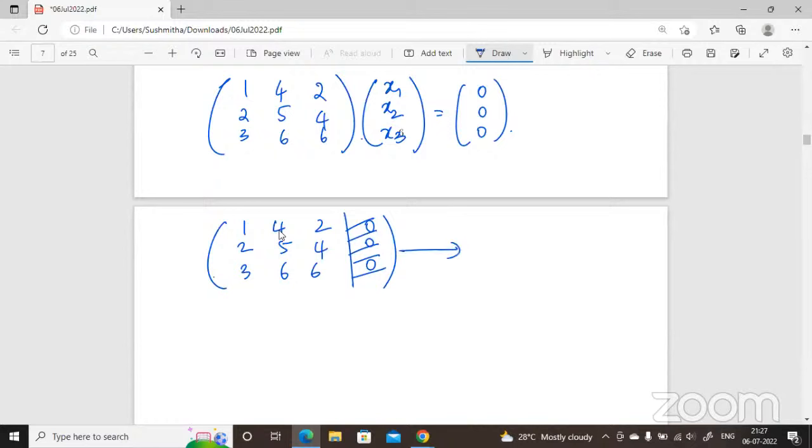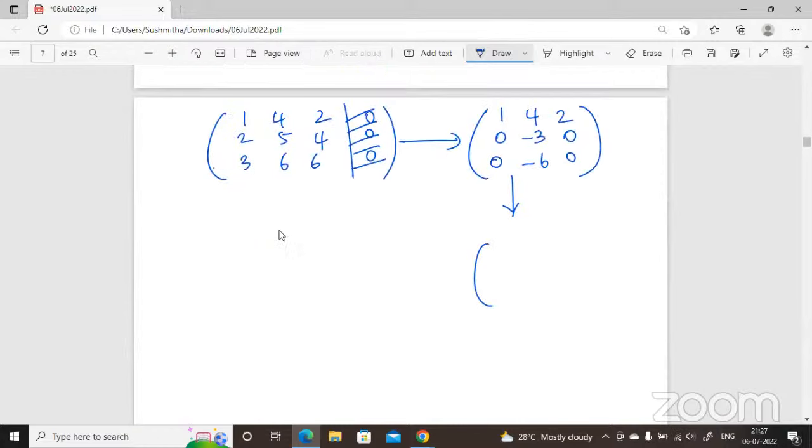So now do the usual row echelon form: row 2 minus 4 times row 1, row 3 minus 2 times row 1, giving rows 1, 2, 3; 0, 1, 2; 0, 0, 0.